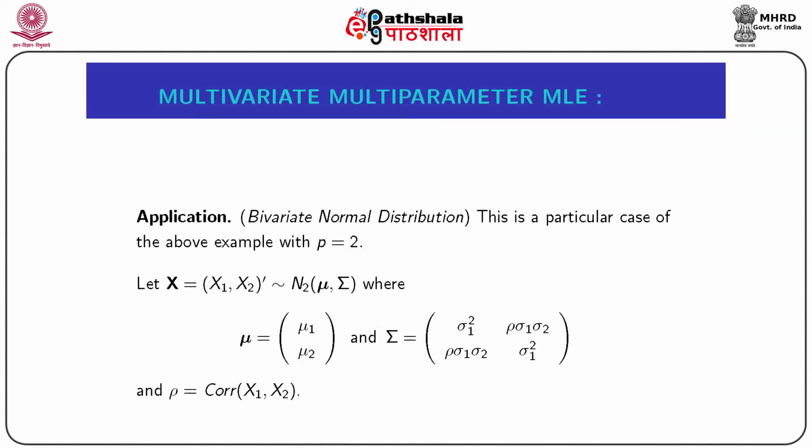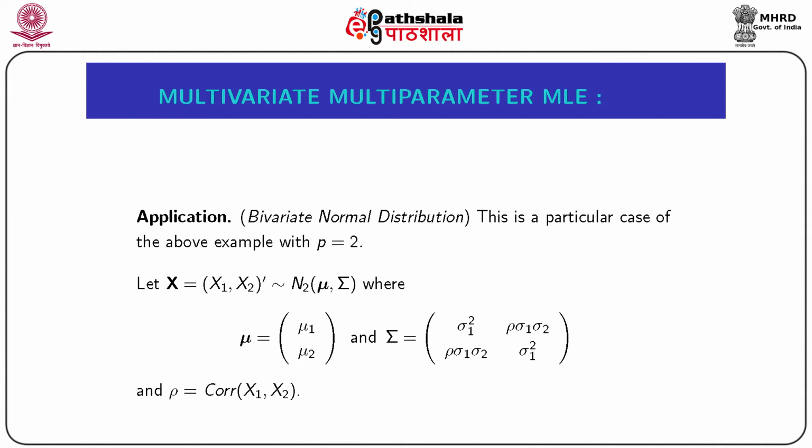Now we consider an application of the above maximum likelihood estimation. Suppose we consider a bivariate normal distribution. Obviously, this is a particular case of the above example with p equal to 2. Here, let x equal to x1 and x2, which follows N2 mu, sigma.